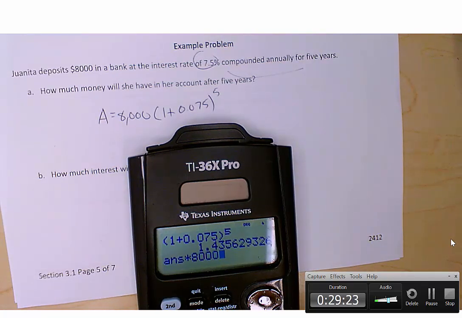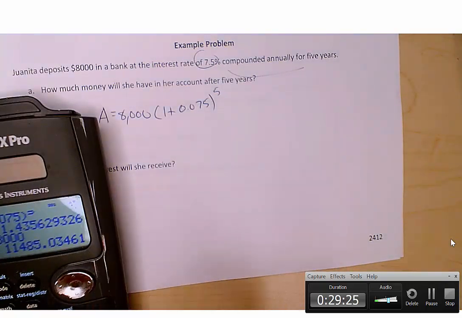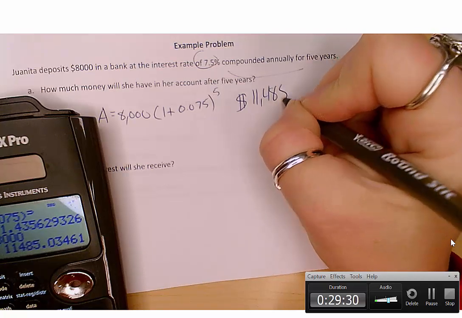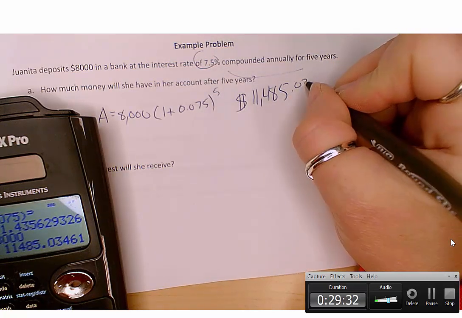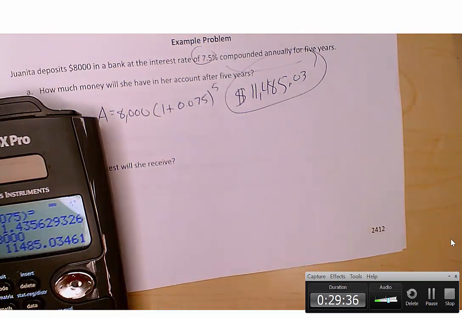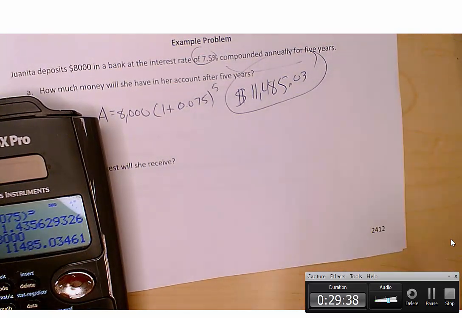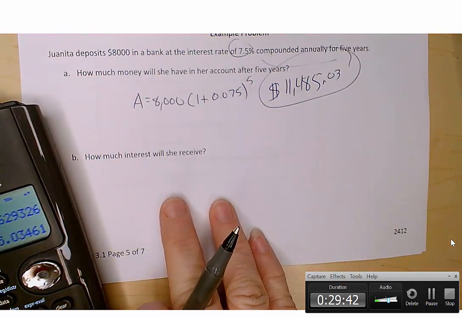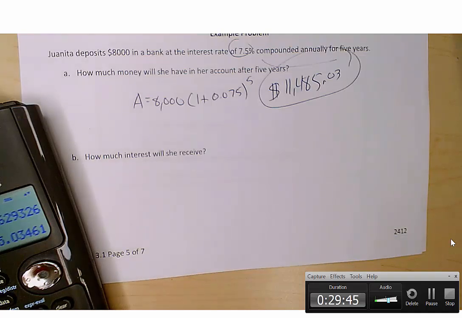And then I'm going to multiply that by that 8,000. That is telling me that there is $11,485, and we're going to round that to 3 cents there. So that is how much money is in the account plus the interest at the end of the 5 years. So our second question says, how much interest does she actually receive?